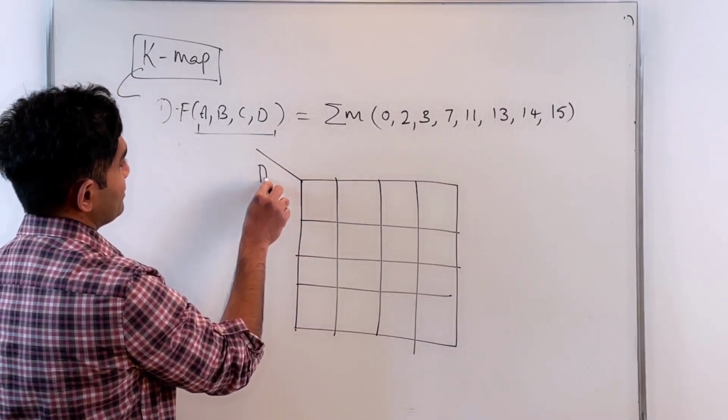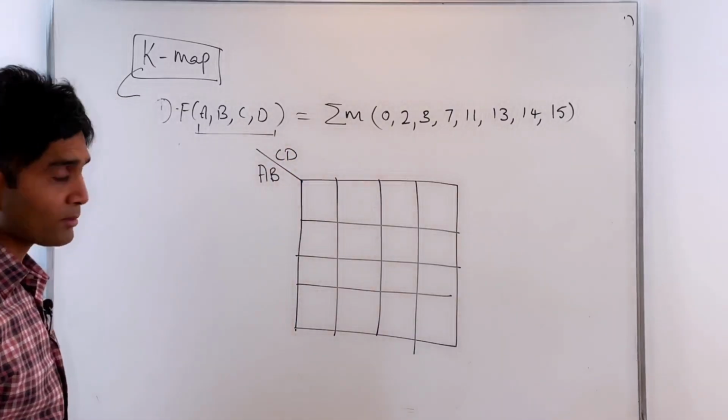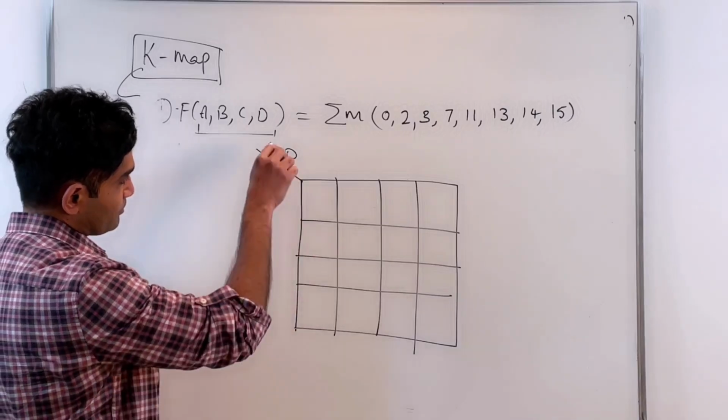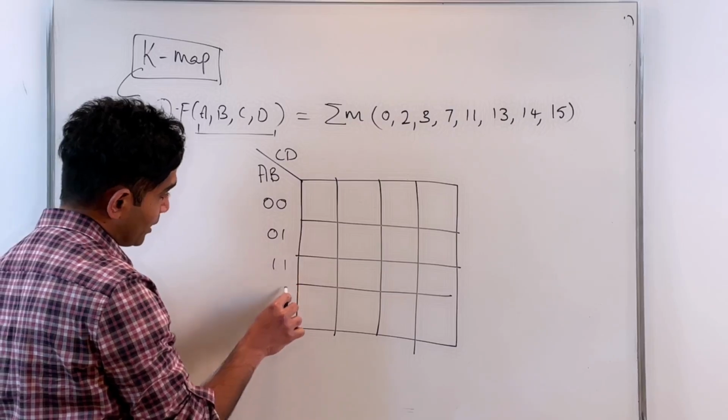So that's my A and B, C and D. That's how my A and B vary: 0, 0, 0, 1, 1, 1, 1, 0.